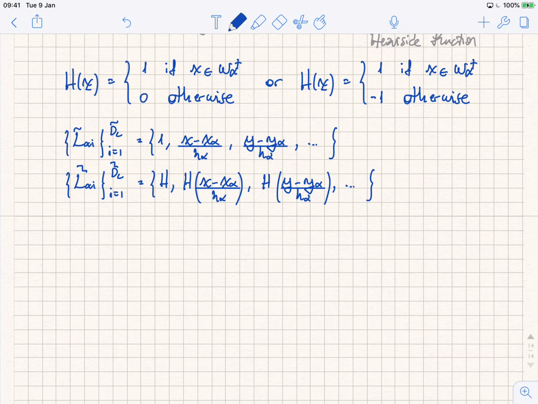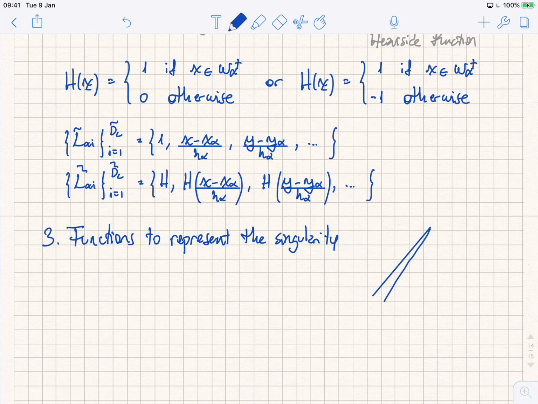And then finally, for point 3, which is basically discontinuous in a portion of your cloud and then possibly singular, we need functions that represent that singularity. Say you have a crack that looks like this.